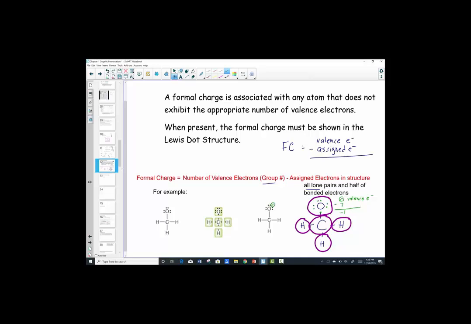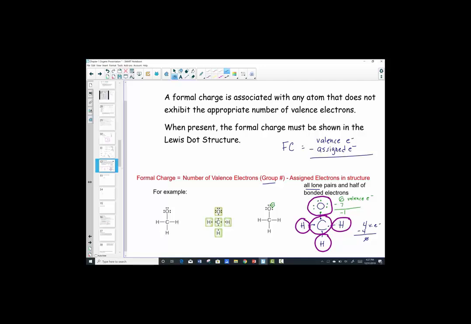Take a look at the carbon in the center. Carbon lives in group 4A, so it has 4 valence electrons. There are 1, 2, 3, 4 assigned electrons, remember, each is half of a bonded pair, meaning it has a 0 formal charge.